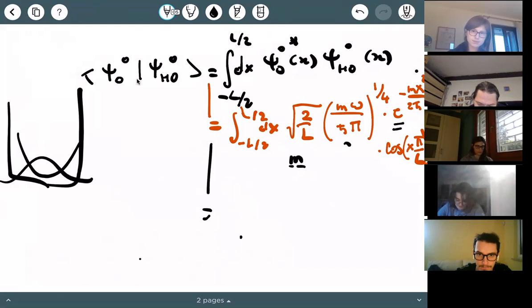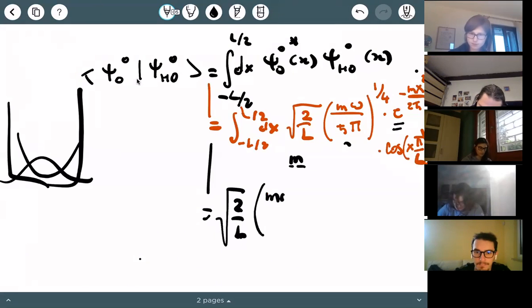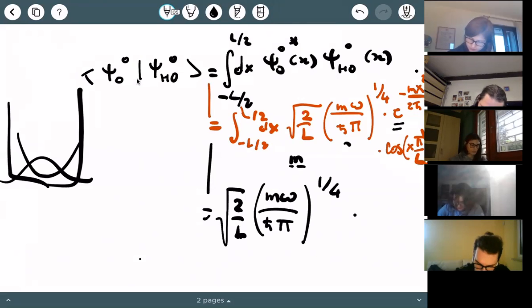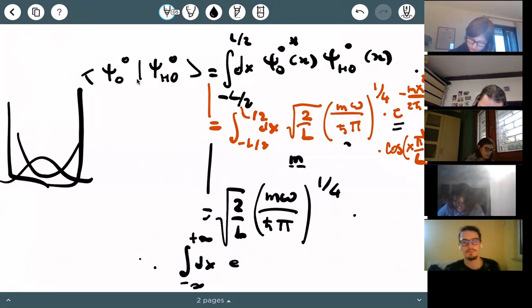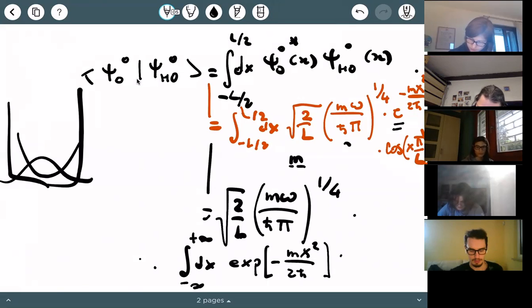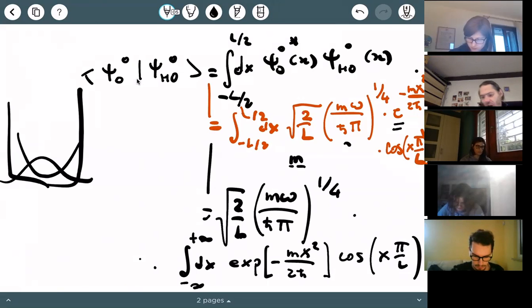So this is very much similar to, say, 2 over L, times (mω over ħπ) to the 1/4, and then the integral from minus infinity to plus infinity in dx of e to the minus m x squared divided by 2ħ, times cosine of xπ over L. Now you might choose to do this approximation or not.